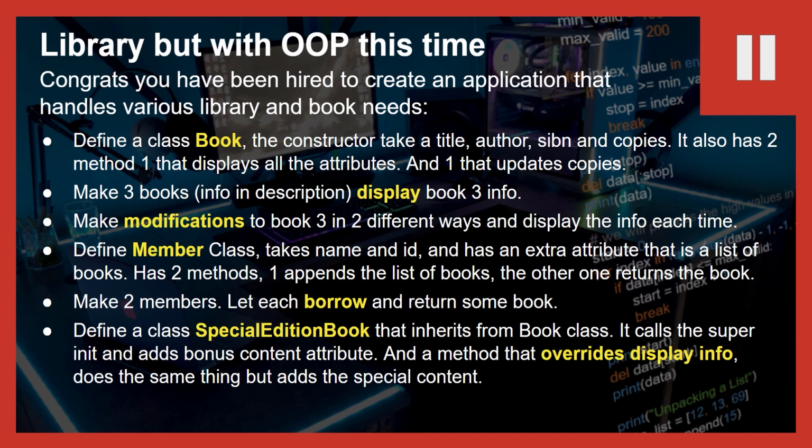It calls the super init and adds bonus content, which is the attribute, and a method that overrides display info does the same thing but adds the special content. So the display info will be overridden just like we've done, so this should be pretty easy. And finally, add a special book and display that special book info. And if you want, you can also try to borrow that special book, see what happens, any changes. Pause the video right now and go do the challenge.